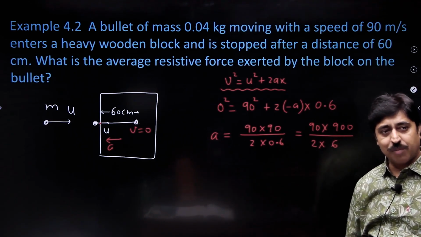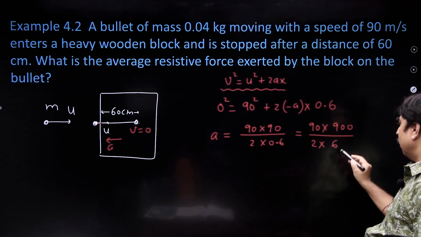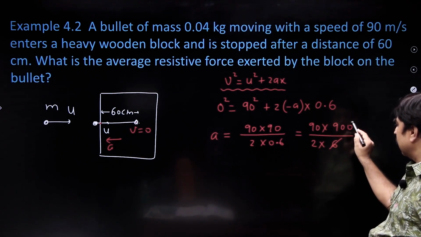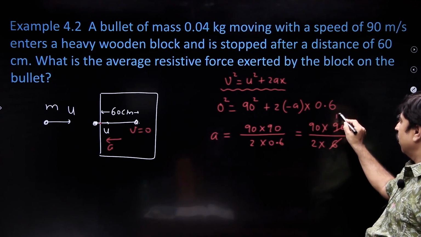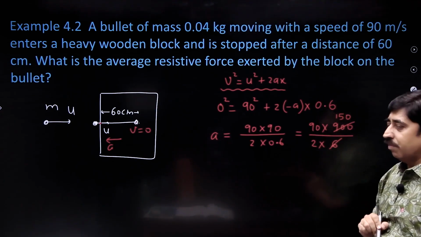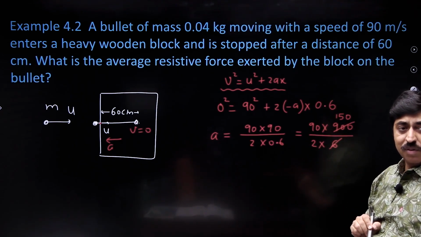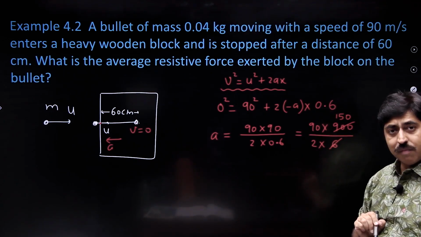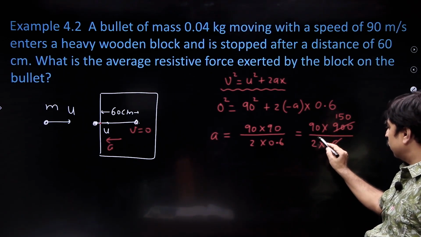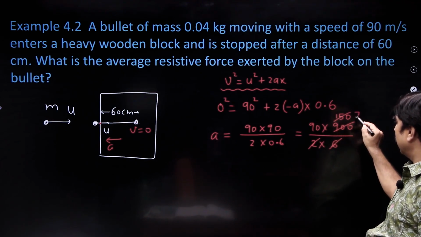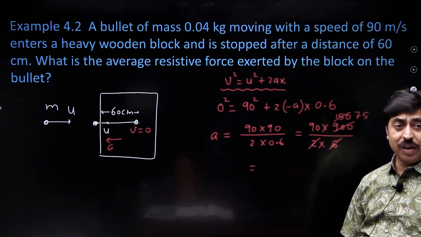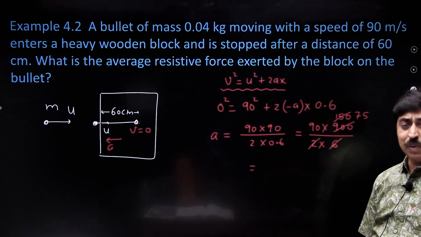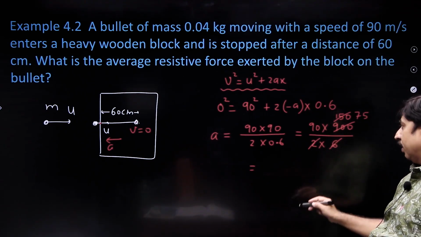So, 0.6 becomes 6. Now, 6 cancels out. 15 into 6 is 90. So this will become like this, and this 2 further cancels out, it becomes 75. So, 90 into 75 meter per second square is the value of acceleration.